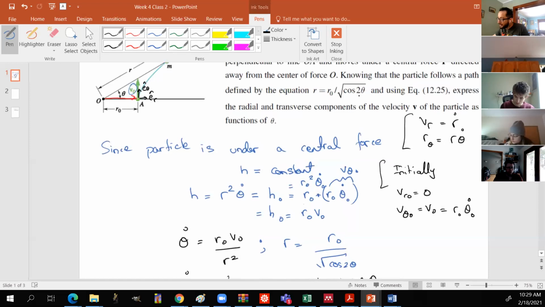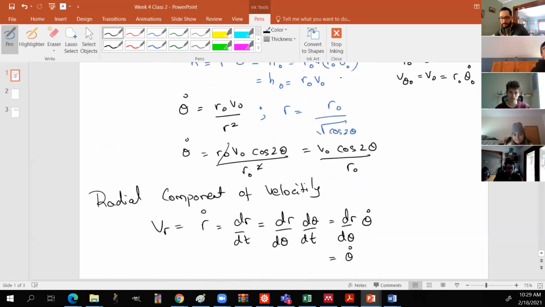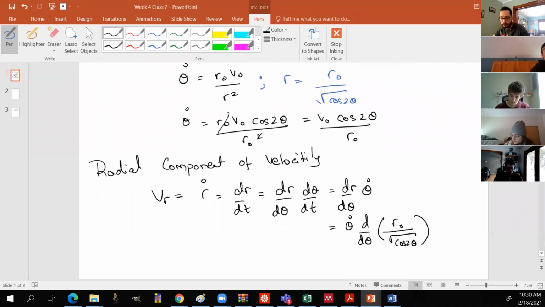Because r is in terms of theta in the expression, right? r naught is a constant and theta is changing over here. So this just becomes theta dot times d of r naught square root of cosine 2 theta, right? So you take the derivative of this expression with respect to theta, and I'm just going to write the answer out, but you guys know how to do the differentiation, right? Your cosine 2 theta to the power of minus half, the minus half comes down, right? This becomes to the power of 3 over 2 and plus 1.